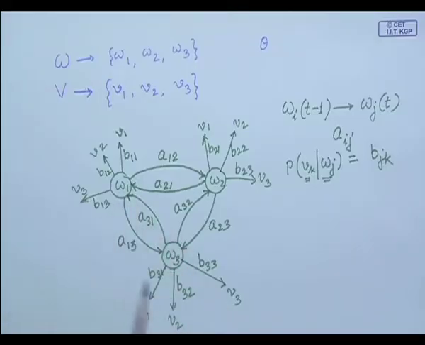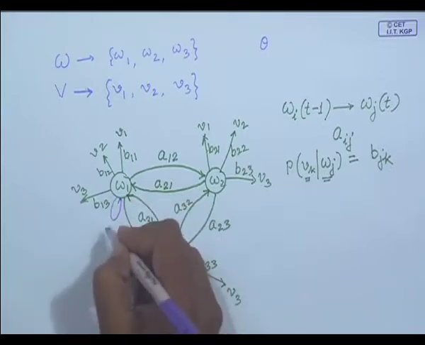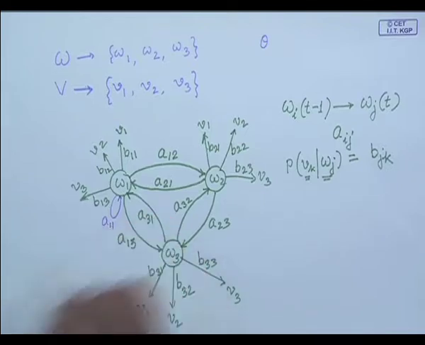Now, we find that given any state, there will always be a transition to some of the states, including the state itself. So, I can have a transition from omega 1 to omega 1 also, and this transition probability will be a11.